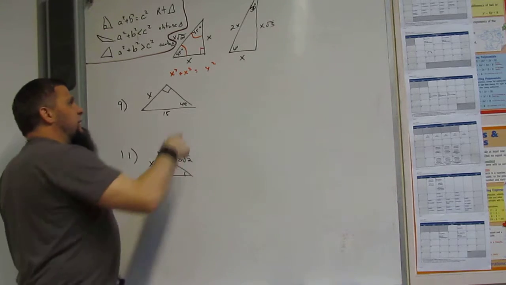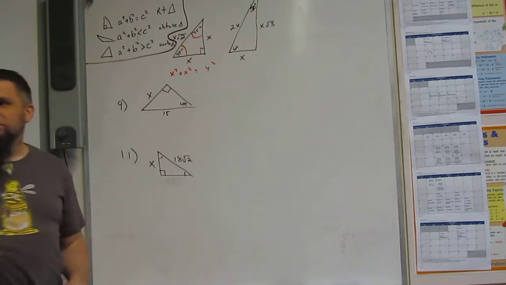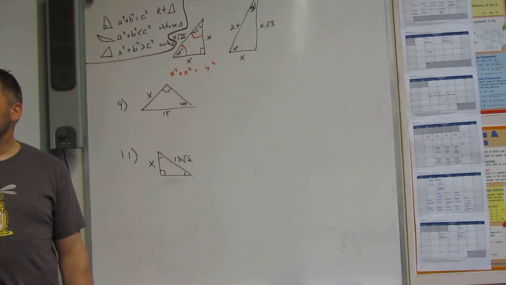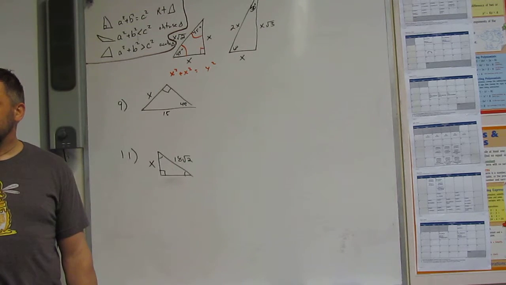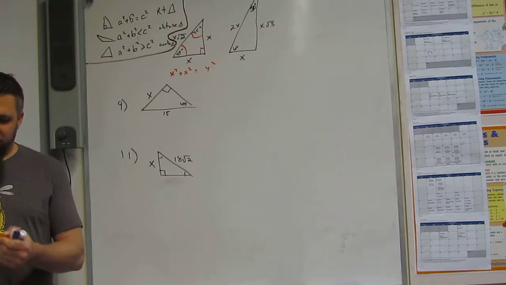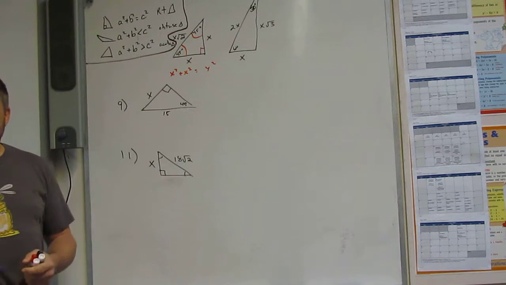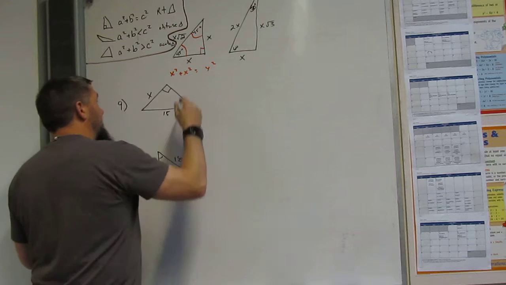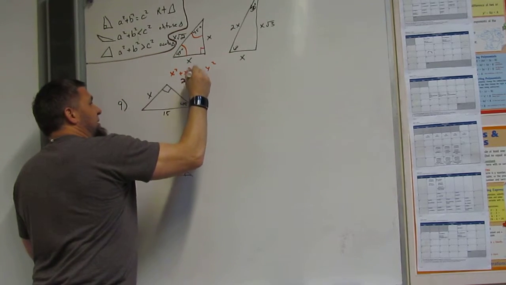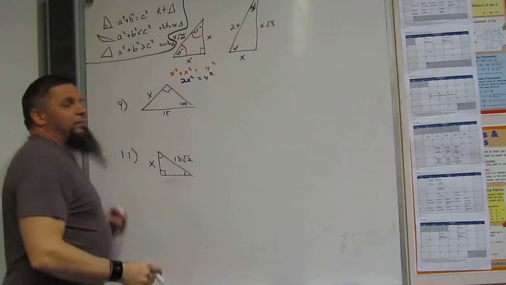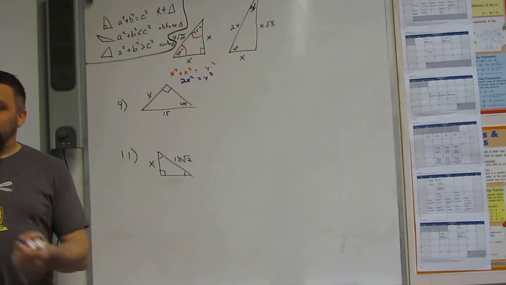So what is x squared plus x squared? 2x squared. Come on, people. It's early, but it's not hard. 2x squared.